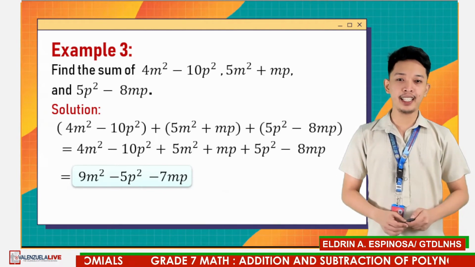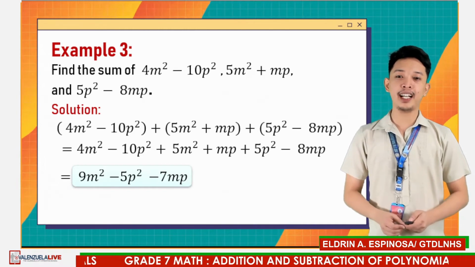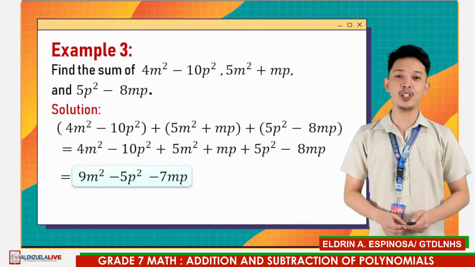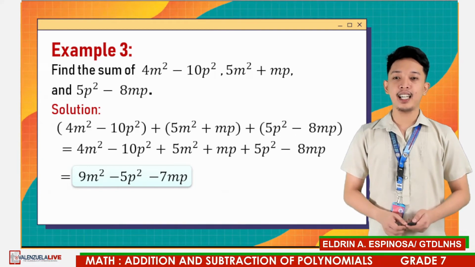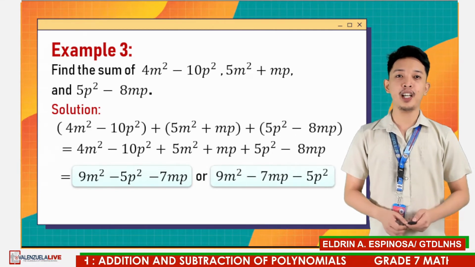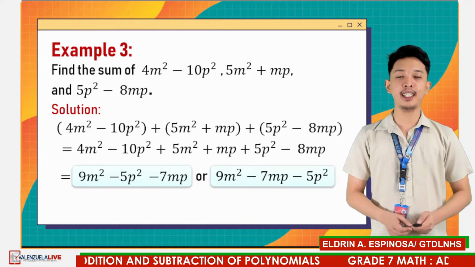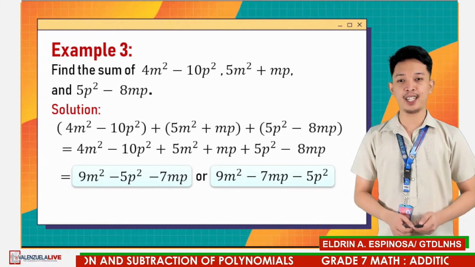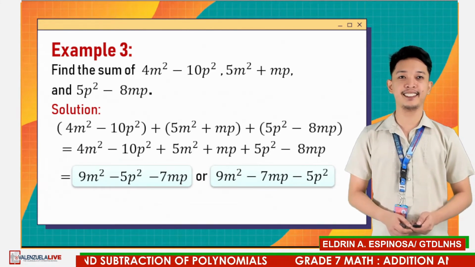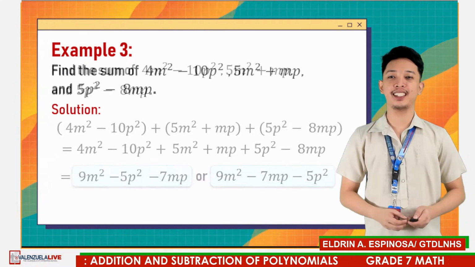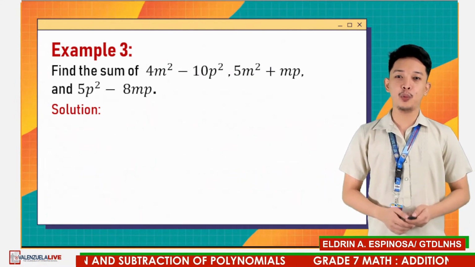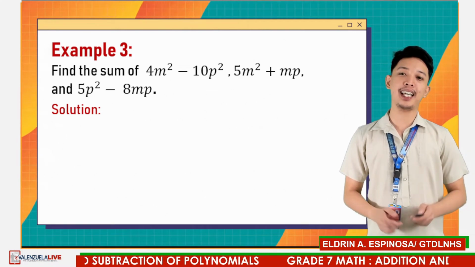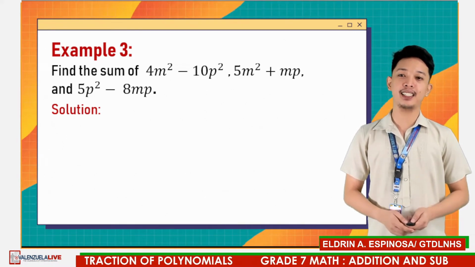But we can rewrite our final answer by arranging the terms in descending order. With that, it can also be written as 9m squared minus 7mp minus 5p squared. And to add it using column, at first, we will combine the similar terms by aligning them vertically.